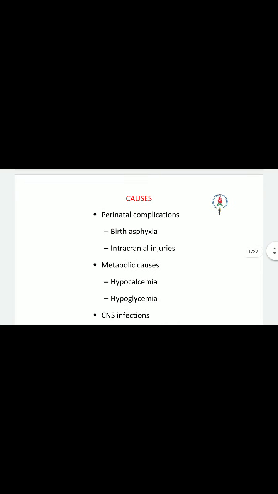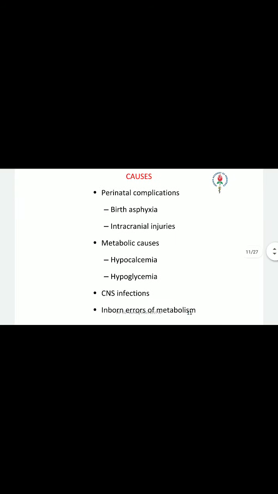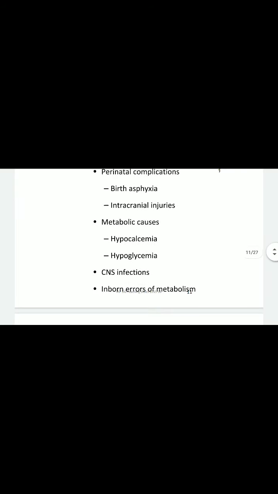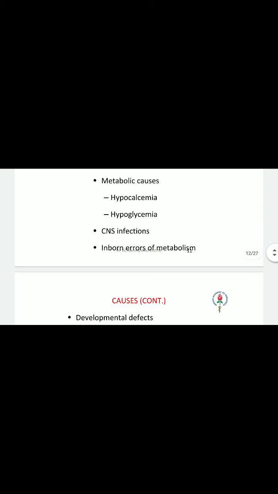So, coming to the causes, it could be perinatal complications like birth asphyxia, intracranial injuries, metabolic causes like hypocalcemia or hypoglycemia, CNS infections, inborn errors of metabolism like galactosemia or phenylketonuria.